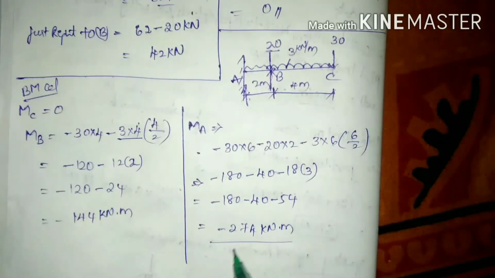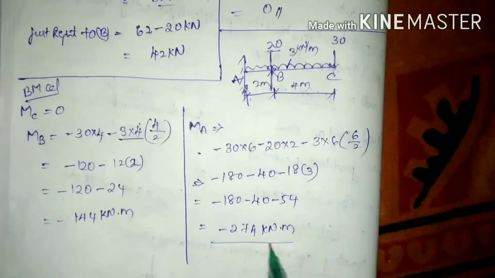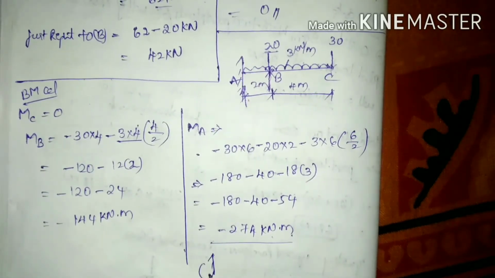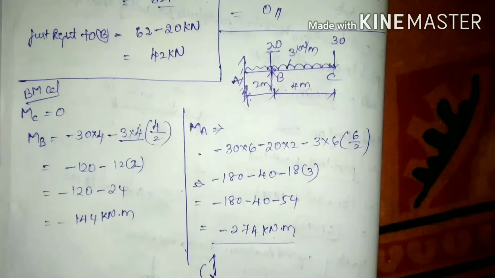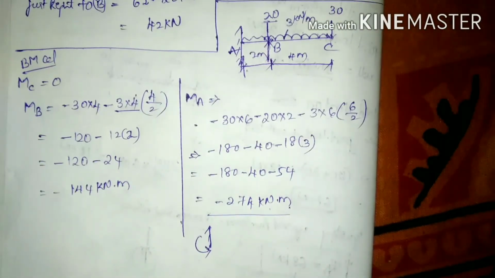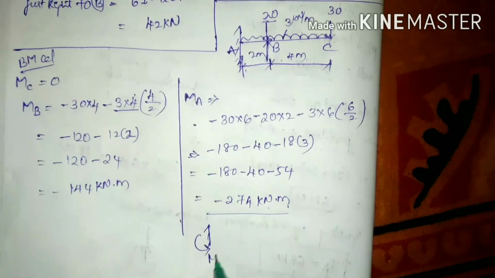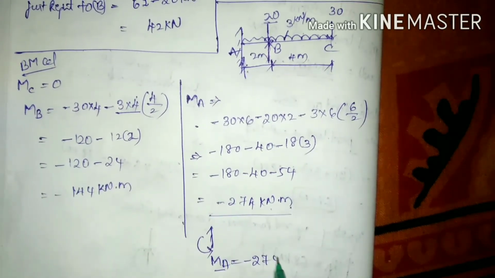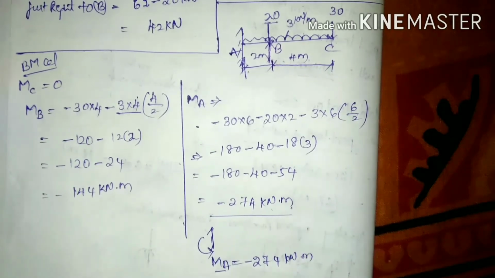The value of moment about A is minus 274 kilonewton meters. Here we have the fixed end moment MA, the maximum moment about A, equal to minus 274 kilonewton meters.